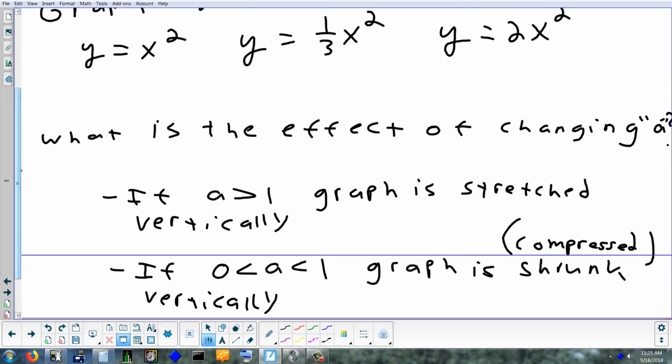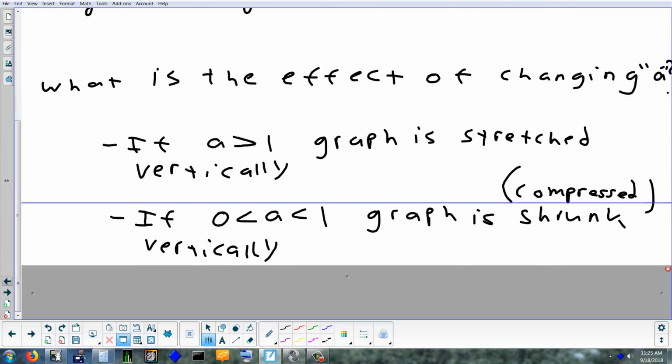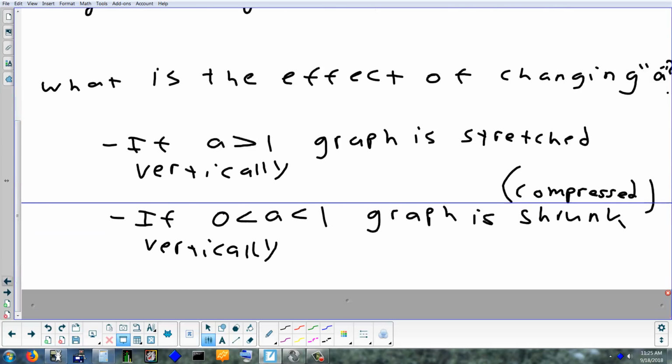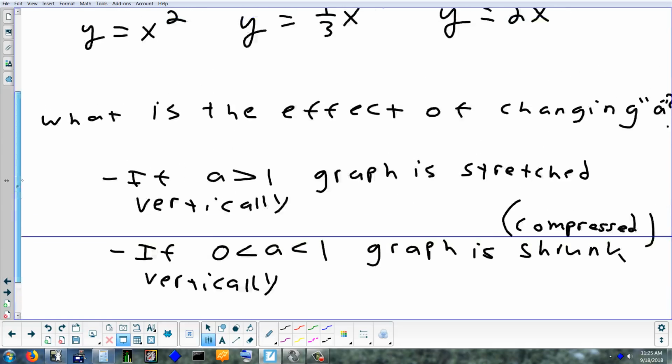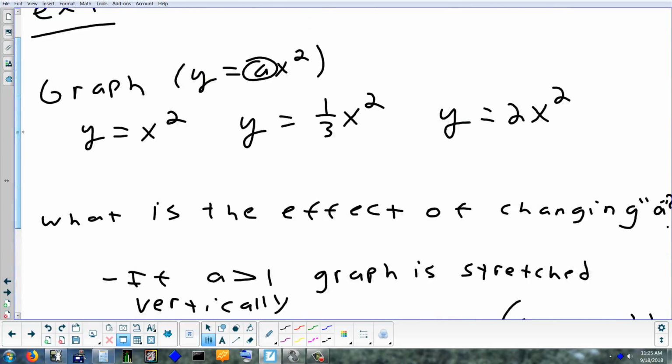The closer your fraction gets to 0, the more compressed it's going to get. So if instead of 1/3 you did 1/10, that would make the parabola even wider. Okay, any questions on what the effect is if you change A, which is the number that's in front of the x squared?